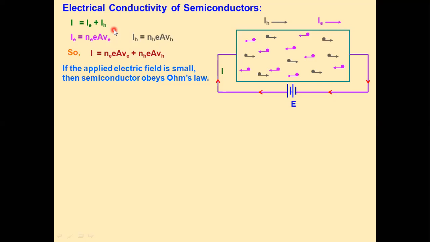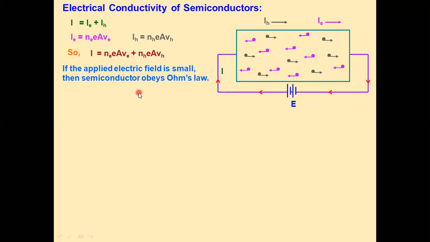Through the metal, current is due to the motion of electrons, but in case of a semiconductor, current is due to the motion of electrons as well as holes. So the current due to the electrons depends on the number of electrons, charge on the electron, cross-sectional area, and velocity of the electron. Similarly for the holes. Put the values of I_e and I_h in the last equation.